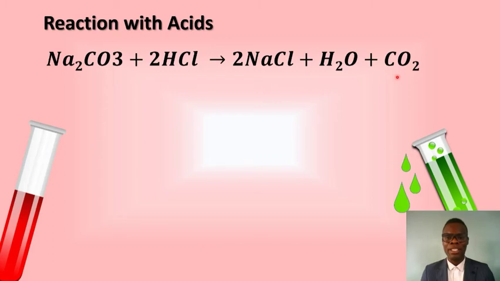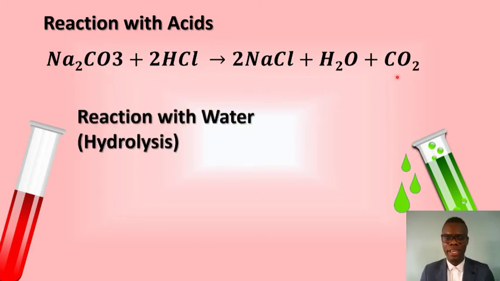Another very unique property, which is a property of most salts, is hydrolysis. That is a salt reaction with water. When the trioxocarbonate 4 salts dissolve in water, they get hydrolyzed to produce either an acidic or basic solution. Now, the one it produces is actually dependent on the metal of the trioxocarbonate 4.